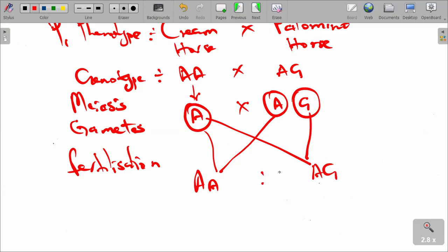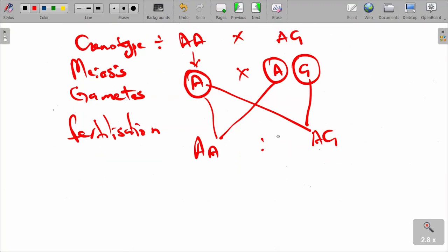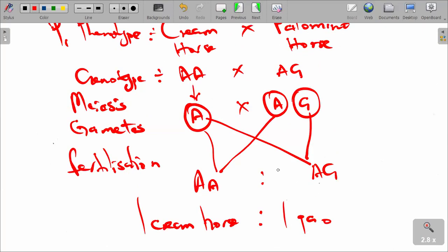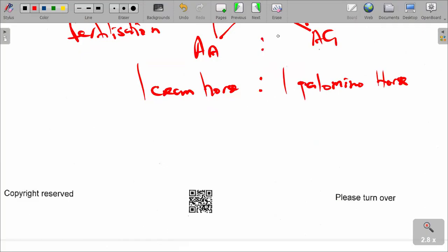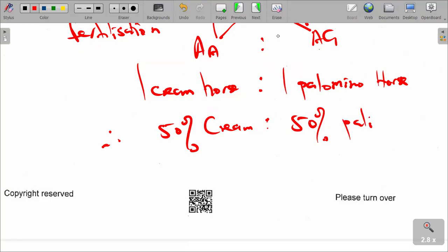So we have one cream horse to one palomino, which is a 50% chance. That is 50% cream to 50% palomino.